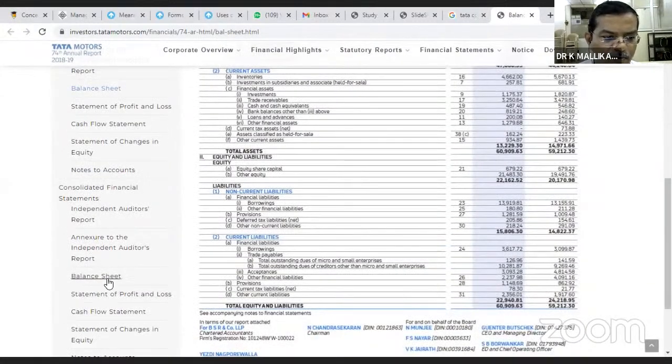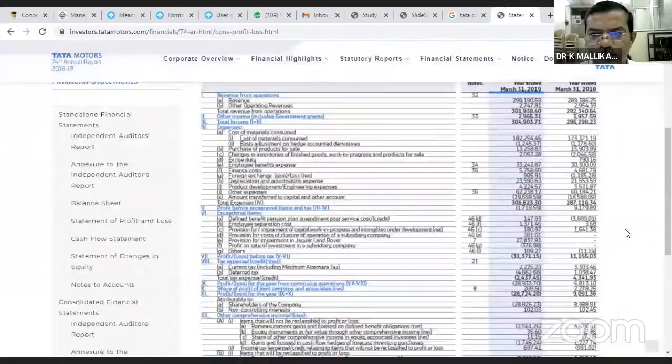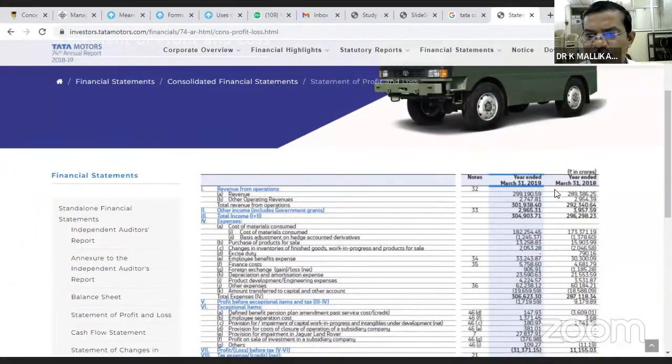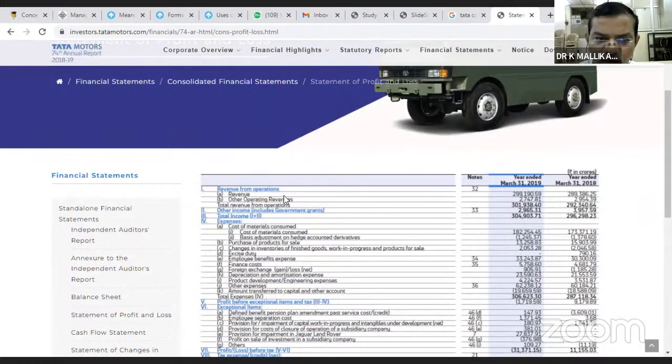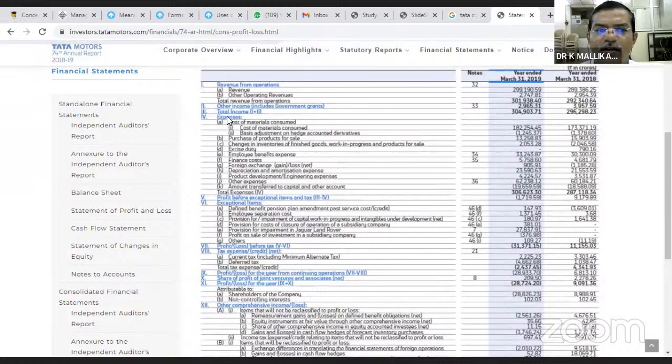Let us see one more, the statement of profit and loss account. Here also you can see 2 years data, amount in crores. We can see revenue from operations, called the operating revenue, other operating revenues other than vehicle sales, total revenue from operations, and total income, including government grants.